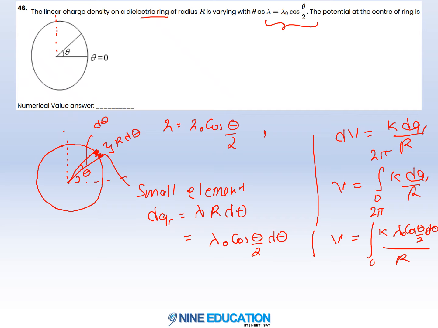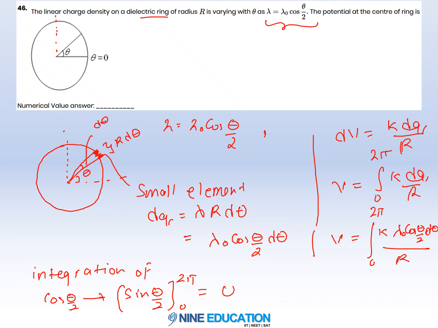So integration of cos theta by 2 is 2 sin theta by 2, and if you put the limits 0 to 2 pi, what we will get? We will get 0. So total charge is 0, then potential becomes 0.